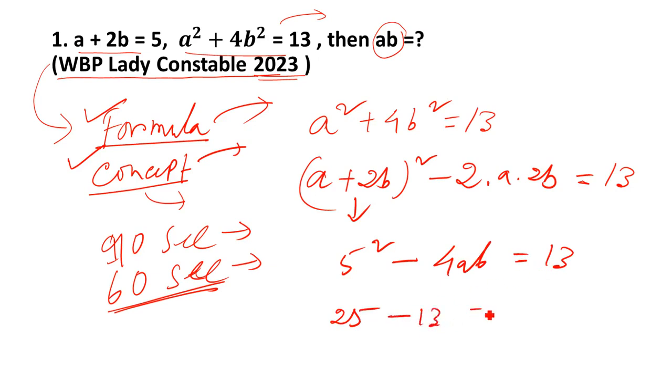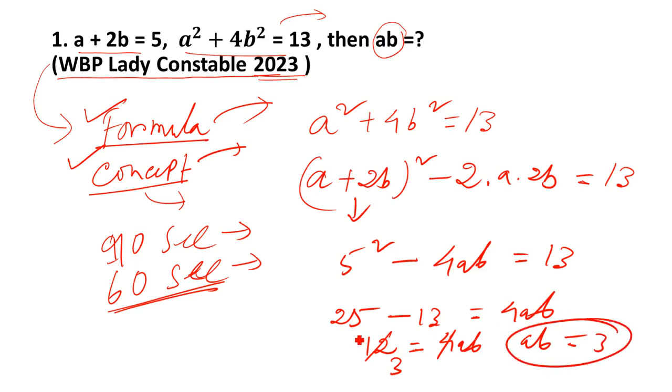Here we will have 12 as a result, 4ab, and if we omit this 4, we will have ab equal to 3. The value of ab will be 3. Clear? Everything is clear? Okay, next question.